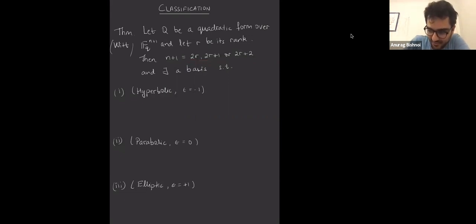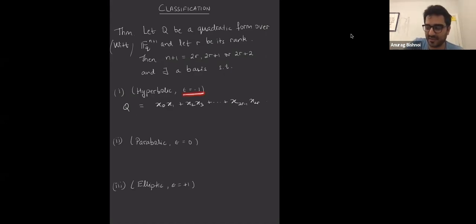So the first is known as hyperbolic, which says that Q is equal to x0 x1 plus x2 x3 plus and so on, up to x_{2r-1} x_{2r}. If I get this wrong, please correct me, but I hope this is okay. So this is known as the hyperbolic form.